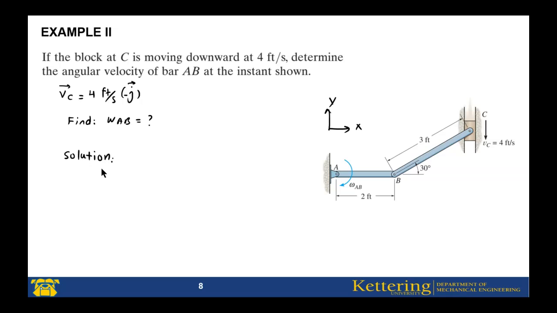Other students, do you agree or do you have a different opinion? Yes. We need to write the equation between B and C. Why? This is the one that has general plane motion. The equation is VB equals VC plus omega BC cross product of RB with respect to C.